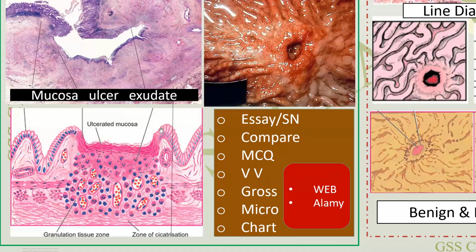I am able to see the normal mucosa, an area of ulcer in which nothing is seen. This is a zone of necrotic debris, below which there is an inflammatory infiltrate, and there is a granulation tissue. Granulation tissue means what? There is a proliferation of the capillaries, the fibroblasts, along with the inflammatory cells.